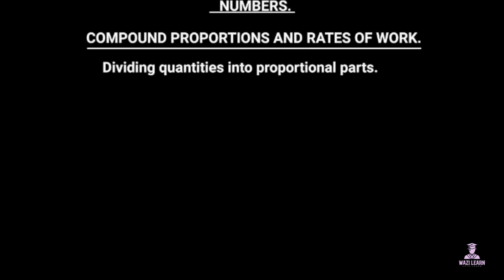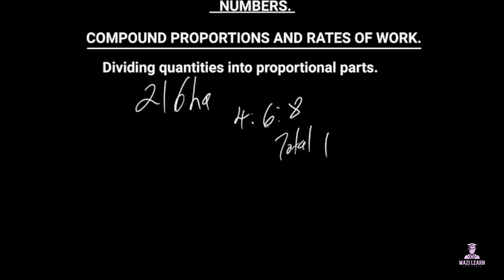As an example, let's say you have 216 hectares of land and you want to divide it in the ratio of 4 to 6 to 8. So the total proportion will be 4 plus 6 plus 8, which is 18.